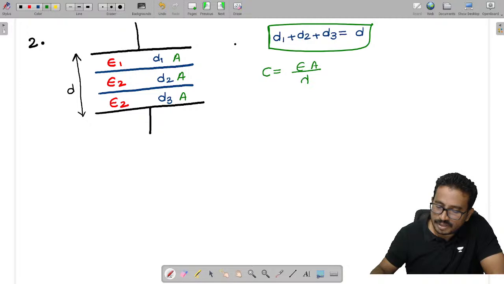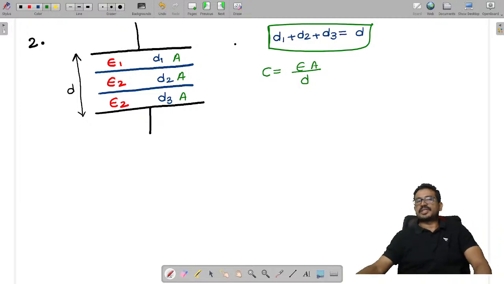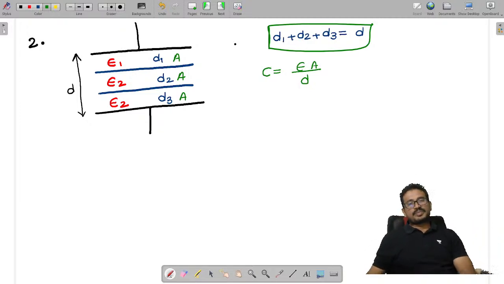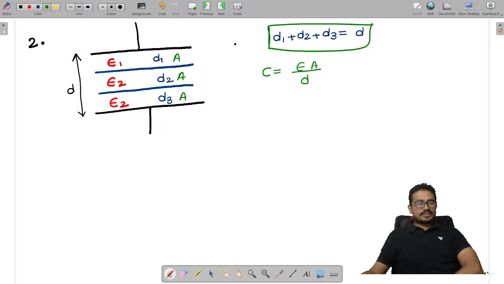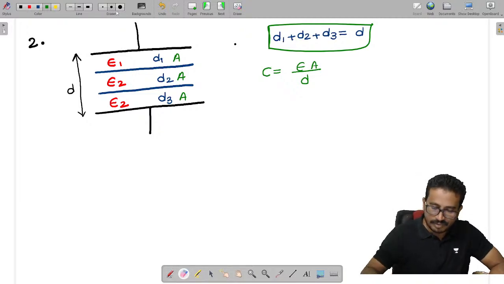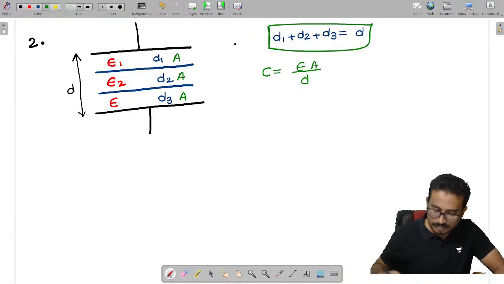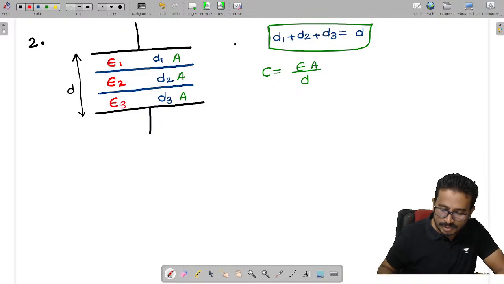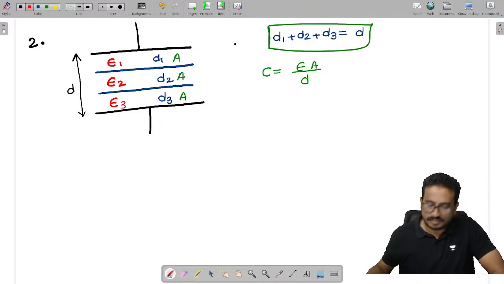Now look here, what are the variable parameters and what are the constant parameters? Tell me.